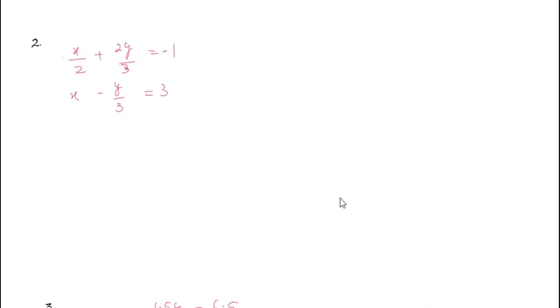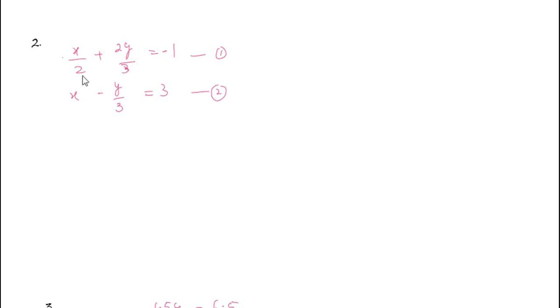Next exercise: x by 2 plus 2y divided by 3 equal to minus 1, and x minus y by 3 equal to 3. So this is equation 1, this is equation 2. Before getting into the elimination method, let us remove the fractions from the coefficients of the variables.